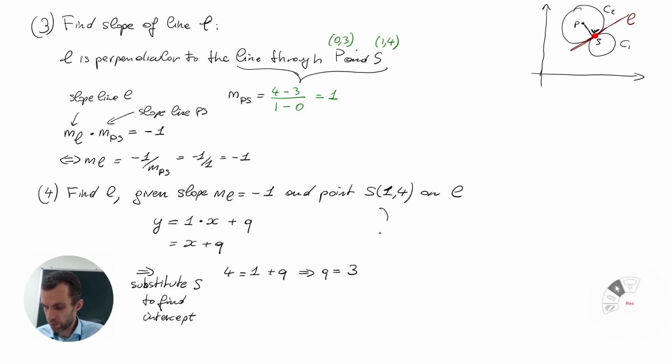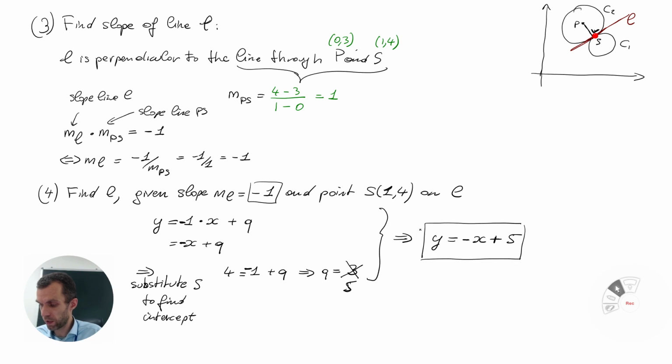And putting all of these things together then tells me for the tangent line that I have y is equal to, oh, and sorry, I made a mistake here. Let me correct it. The slope here is minus 1. So this is minus x, minus 1 here, and the equation, this then becomes 5. So I get minus x plus 5. And that's my final answer for the line.